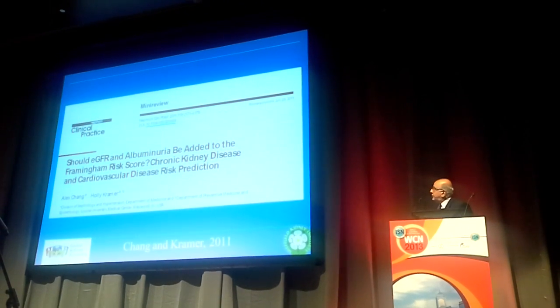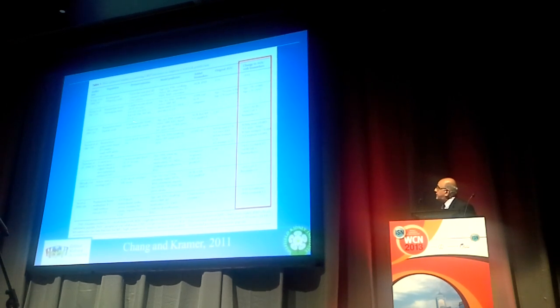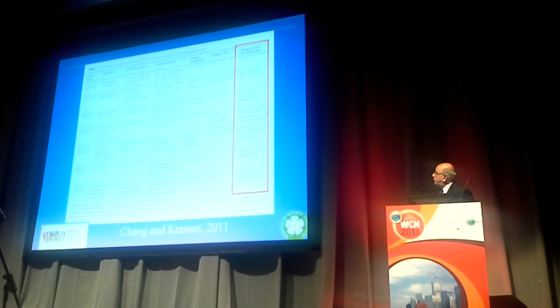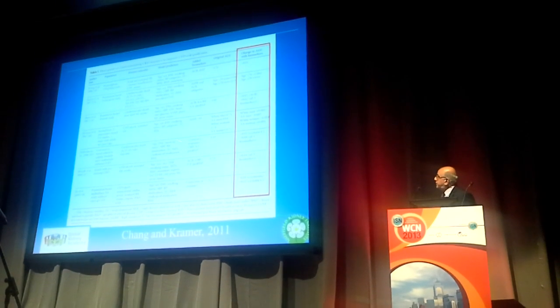A review by Chang and Krim a few years ago did just that. It's a busy table or busy figure, but I'll take you through. Primary outcome, cardiovascular morbidity and mortality. They looked at the predictive value of standard Framingham risk score type of variables: age, diabetes, hypertension, smoking, dyslipidemia, and so on.